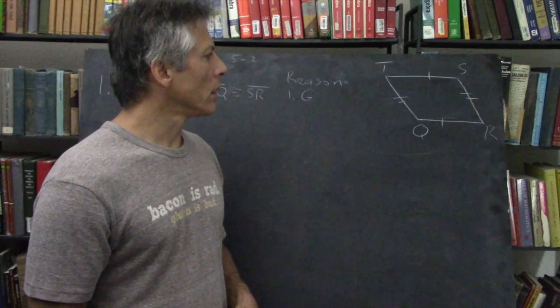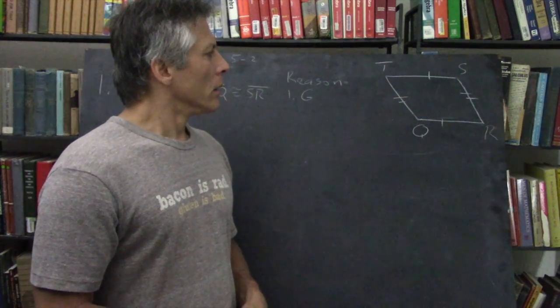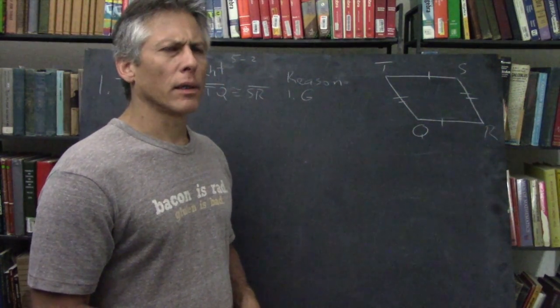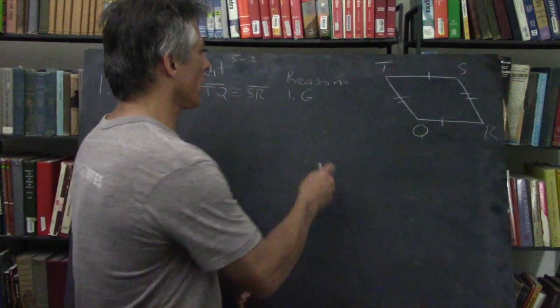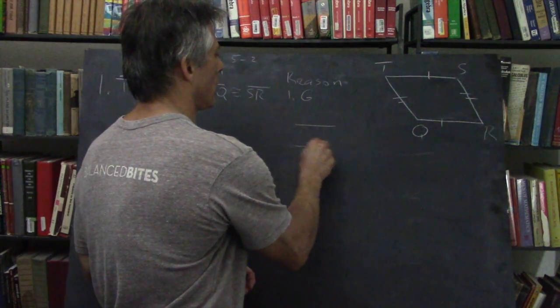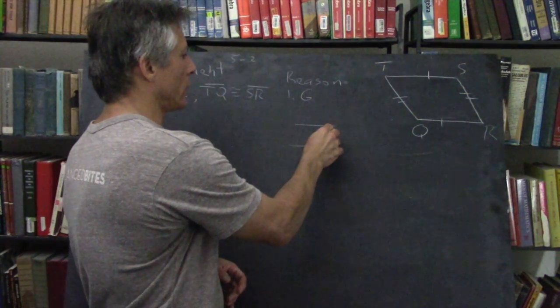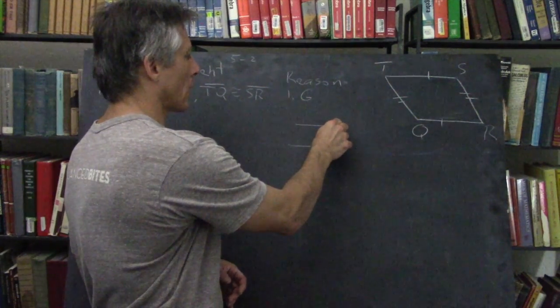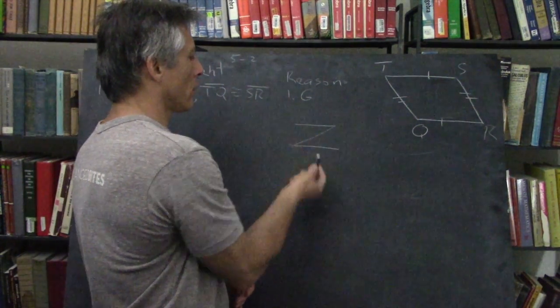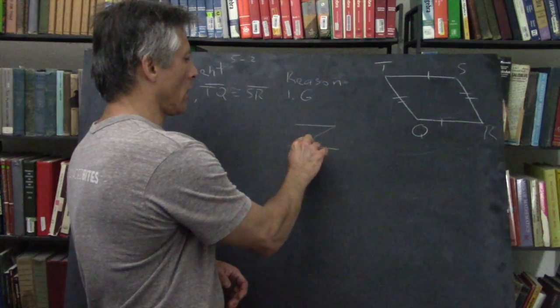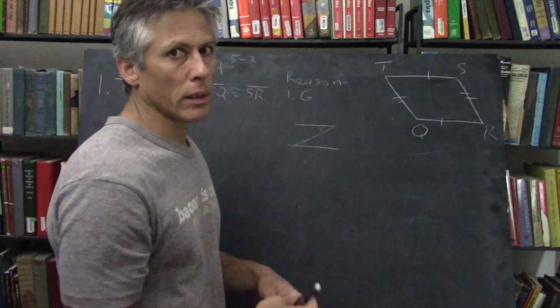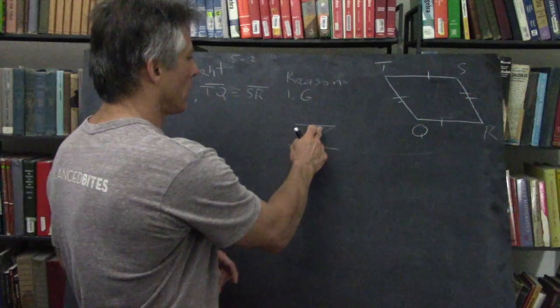Probably do congruence, but to show lines parallel, if we have a transversal, remember, if alternate interior angles are congruent, then the lines are parallel.